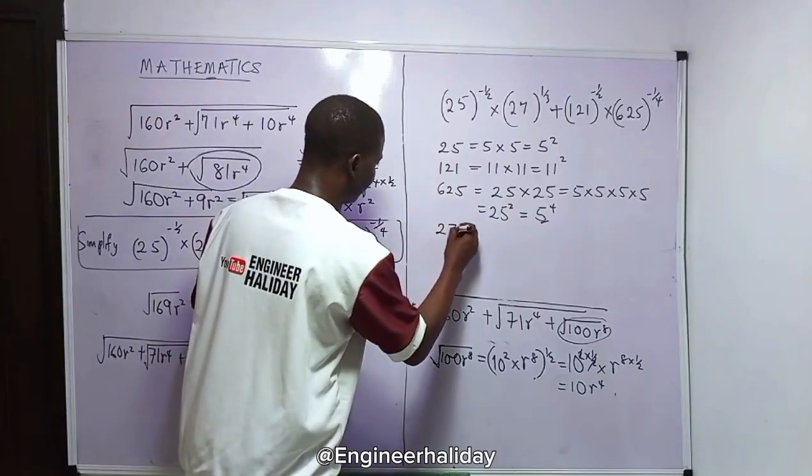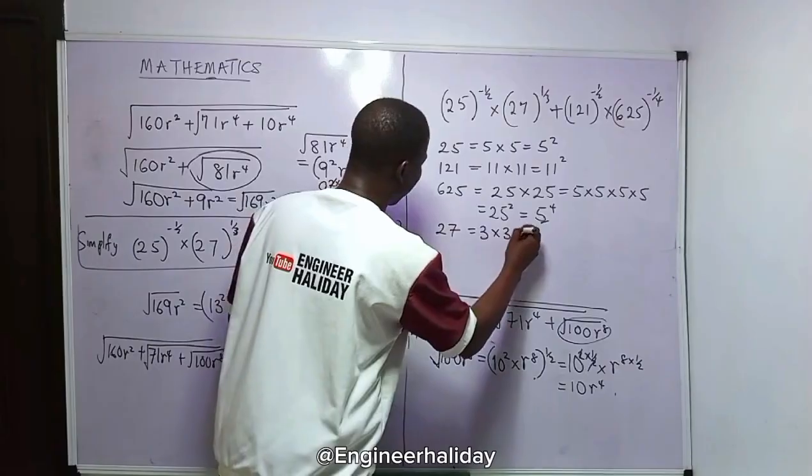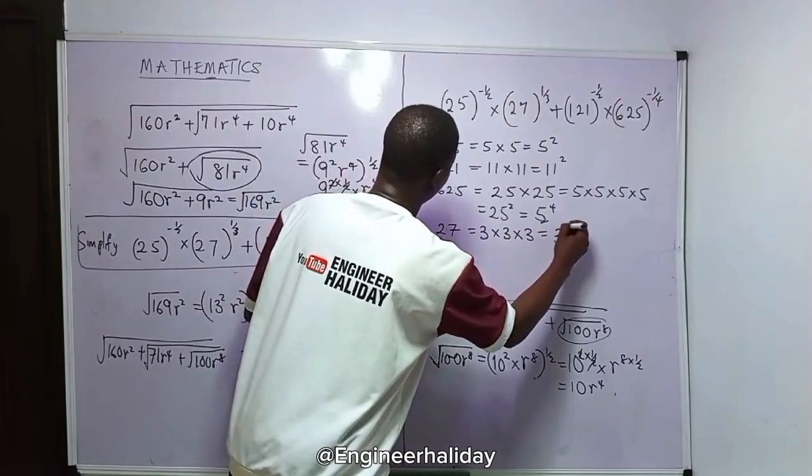Now, if you do that, substitute each of them. Okay, let me see, 27. You see, that's 3 times 3 times 3, which is 3 raised to the power of 3.